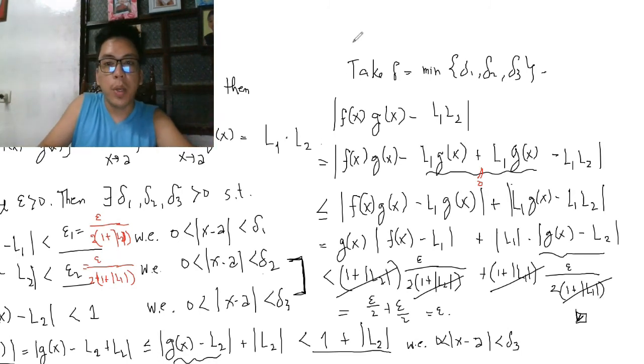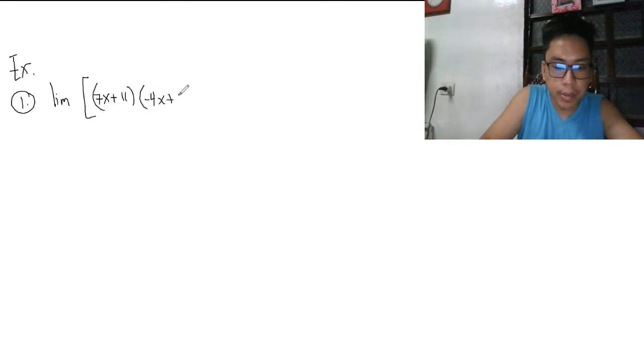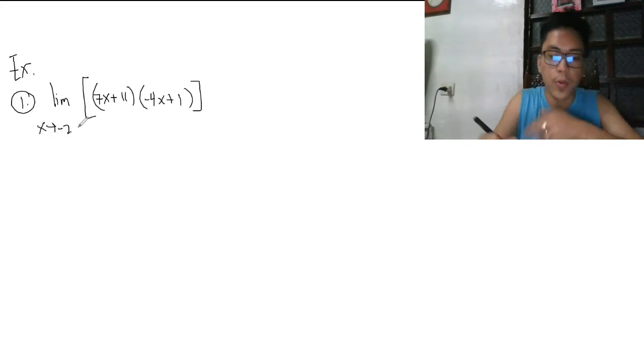Okay, so we will apply examples for that. Let's consider, for example, the limit of 7x plus 11, and then minus 4x plus 1, as x approaches negative 2.